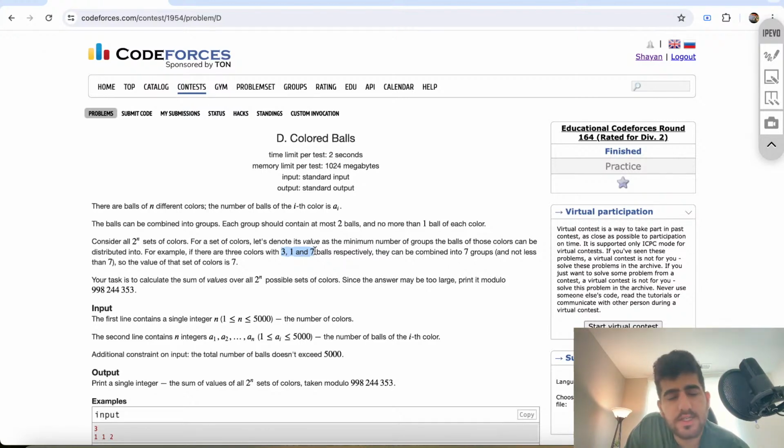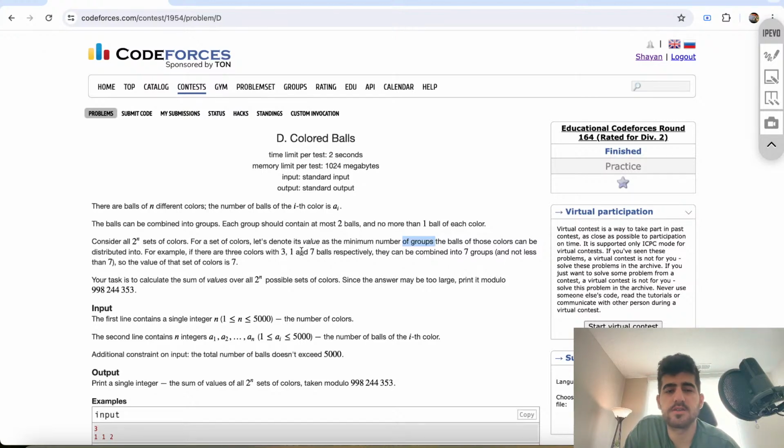What I see here is that 3 of them can be matched with these 3, and this one can be matched with one of these. So there are 4 pairs. But it's the minimum number of groups, not the maximum number of pairs that we can make.